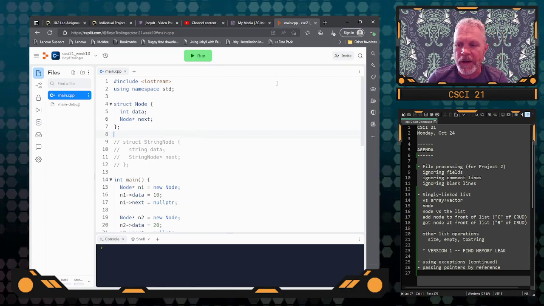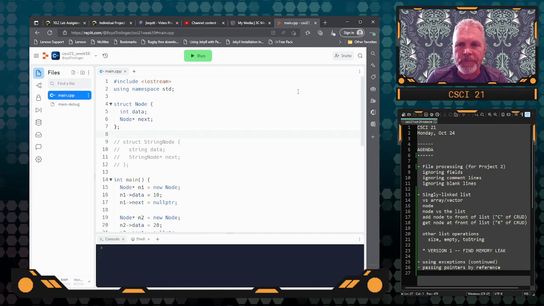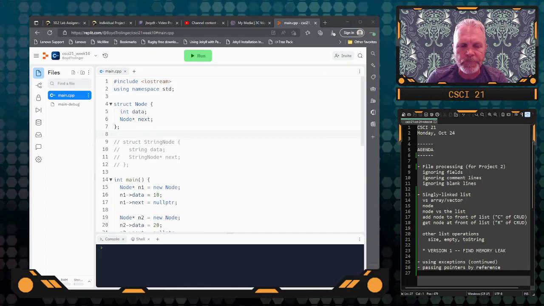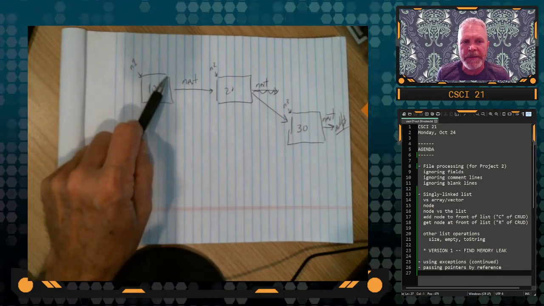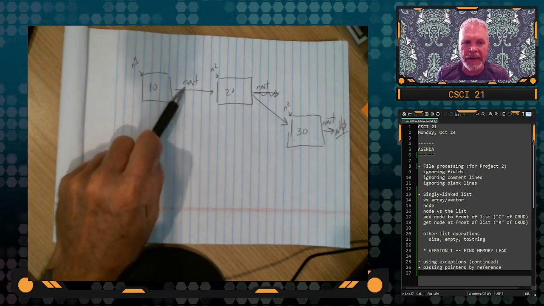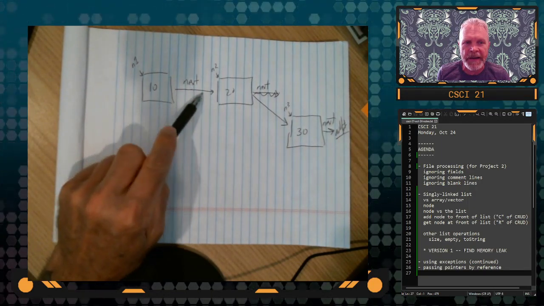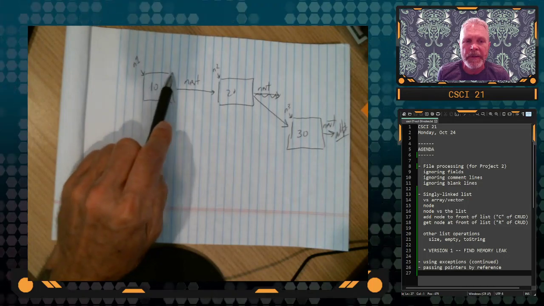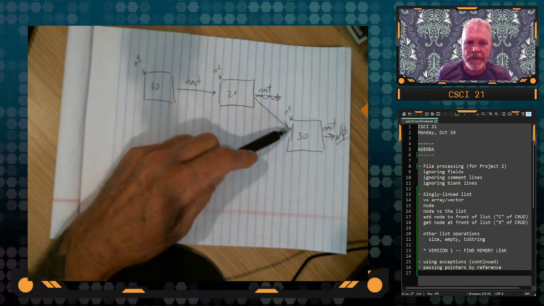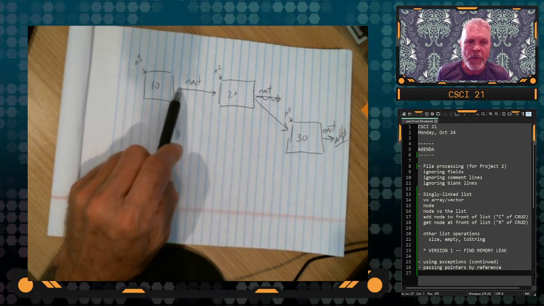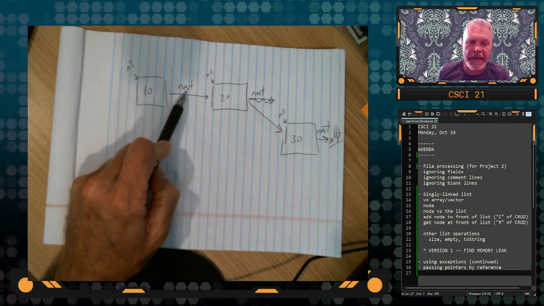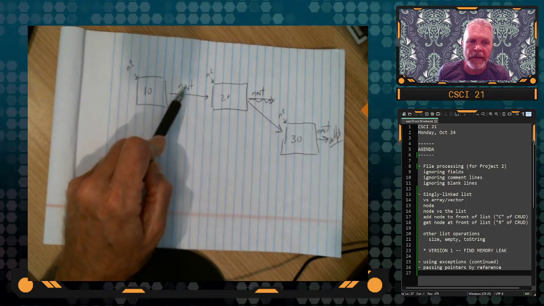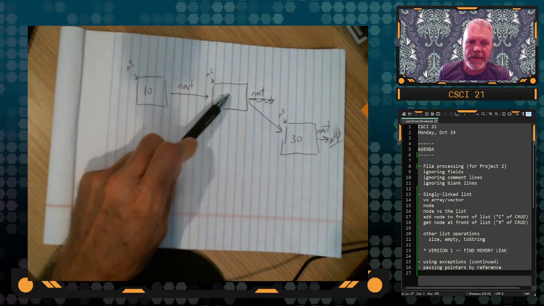Okay, so we've talked plenty about nodes. I'll switch the view again. We've talked plenty about nodes and how we represent the data and the linkage inside of a struct, and then how we actually sort of dynamically create each node with new, how we use pointer syntax to get the data, to get this link, and then how we link one node's next to another node.